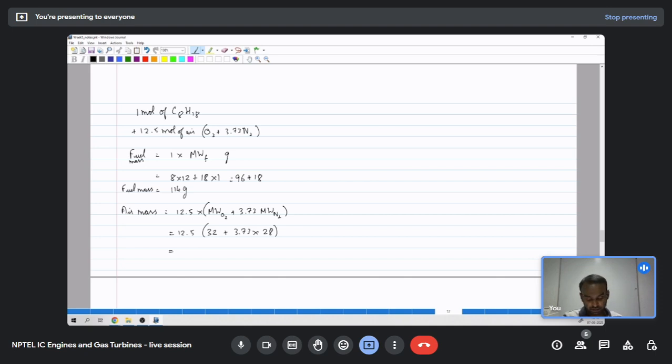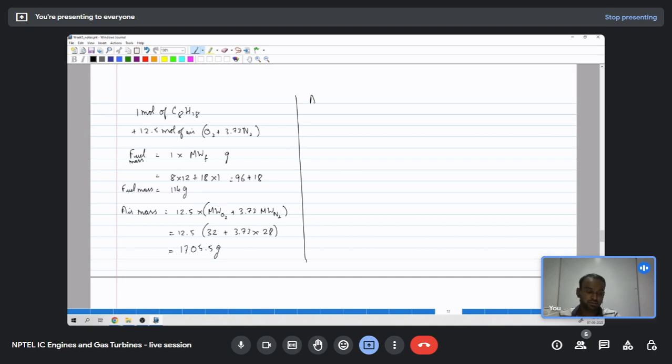Can someone answer this? So this turns out to be 1705.5 grams.